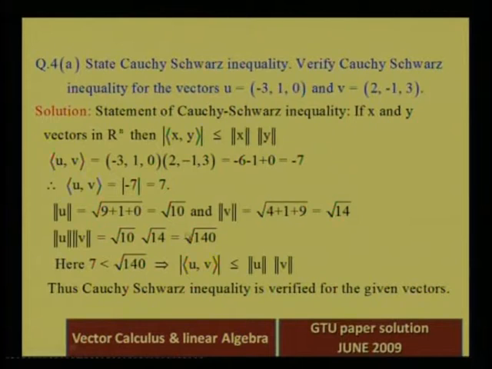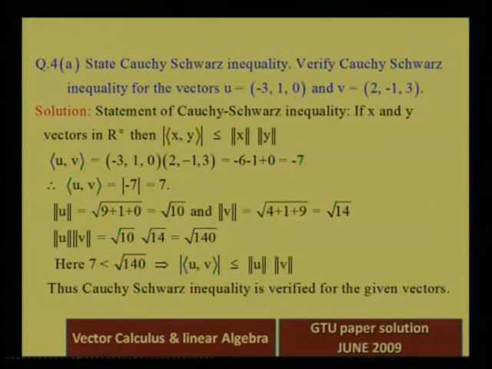So -6 - 1 is -7. So the inner product of u and v is equal to -7, and the modulus of the inner product of u and v is equal to 7. Now we also want to find norm u. Norm u is exactly the inner product of u with u raised to 1/2, so that means the square root of the dot product of u with u, that is u1 squared plus u2 squared plus u3 squared.